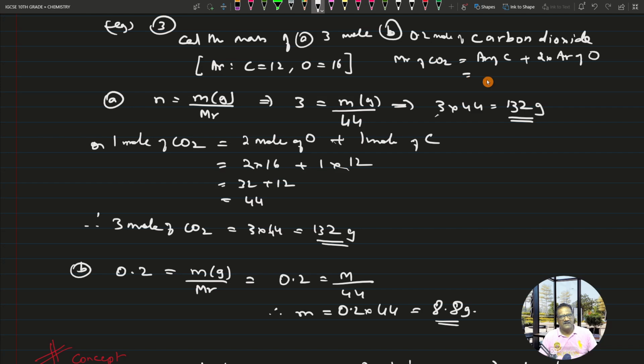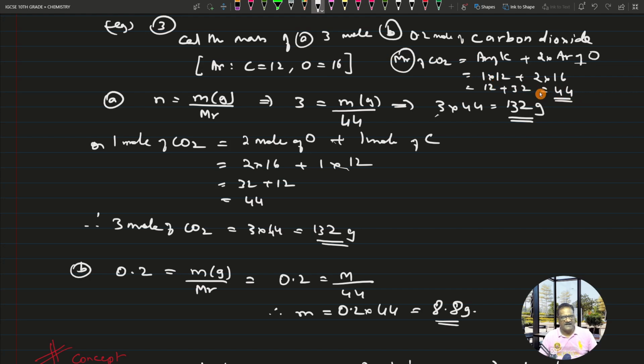So AR of 1 carbon will be 1 into 12, and 2 times AR of oxygen is 16. So 12 into 1 is 12 plus 32. This works out to 44. So 44 is the MR of carbon dioxide, right?